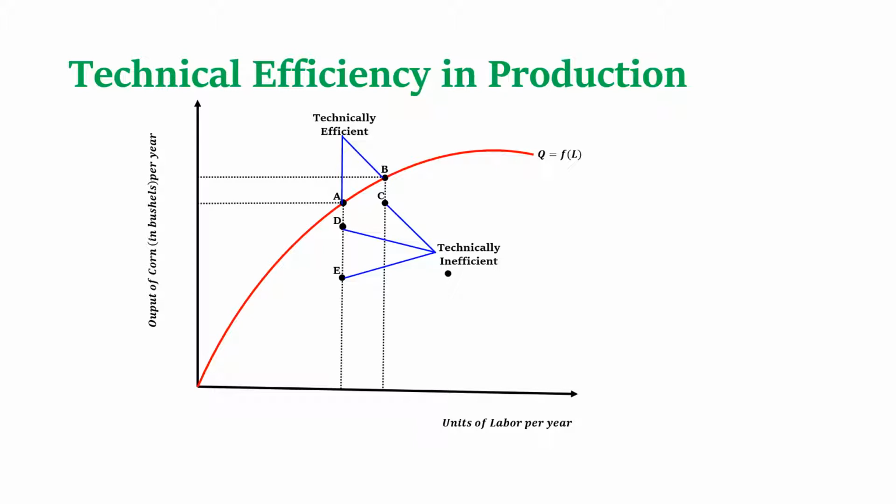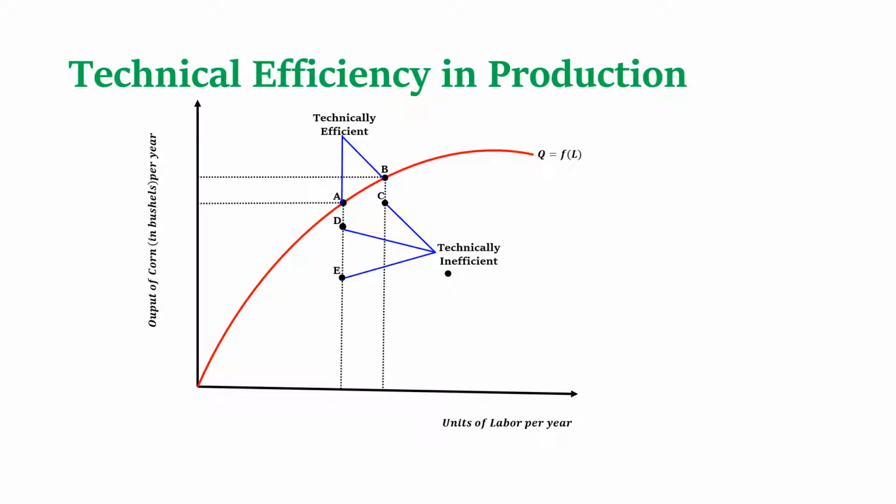It could have done more because it's capable of producing. He has the appropriate technology to produce at point A and B, but because of some factors, he's not producing at point A and B. So in this case, we say the farm is technically inefficient. The level of production or output here is not produced efficiently.